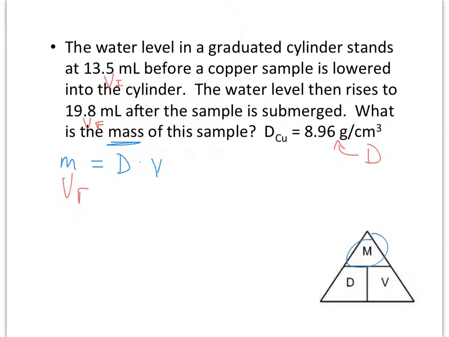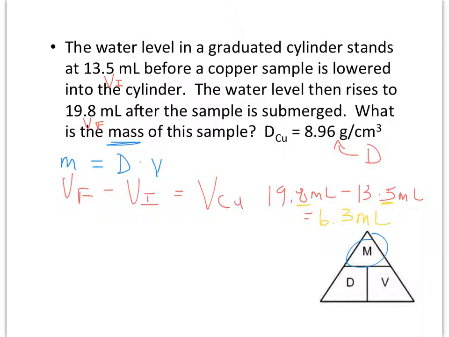If I do V final minus V initial, that gives me the volume of the copper sample, which is 19.8 milliliters minus 13.5 milliliters. And remember, when we add or subtract, we look at the numbers to the right of the decimal, so I have one number to the right of the decimal. So my volume is 6.3 milliliters.